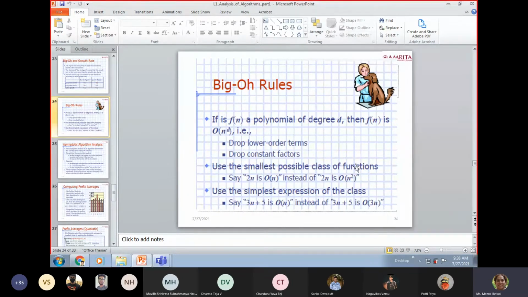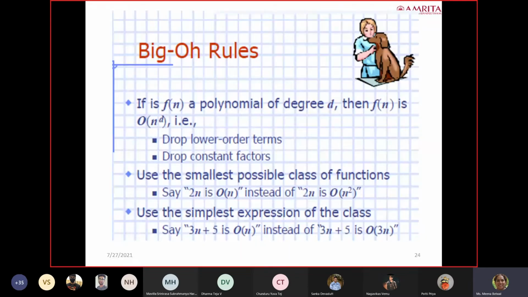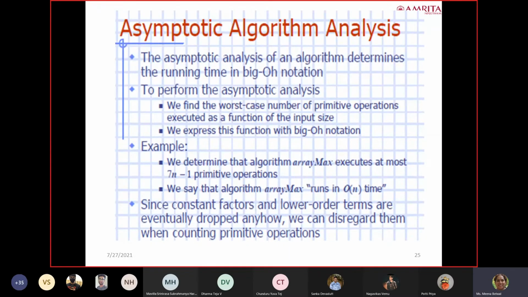Fine. So what we are trying to do now is discuss asymptotic algorithm analysis, and then we will talk about whether it is related to your worst case, best case or average case scenario, how it is related.